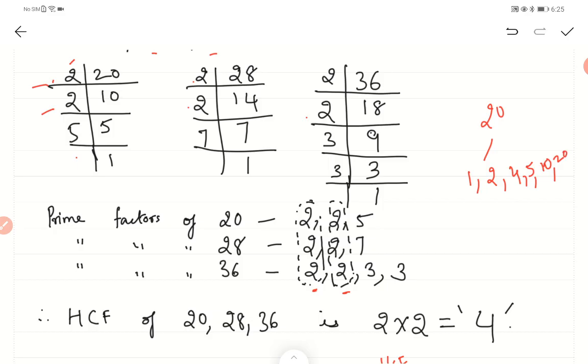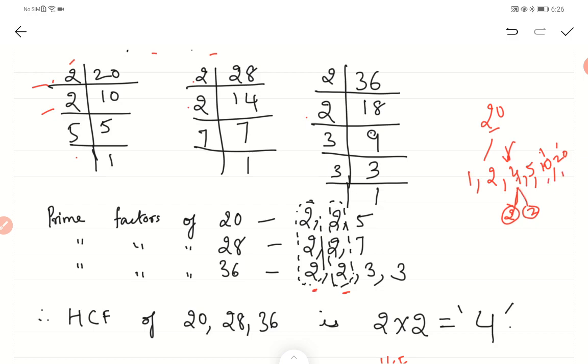So you have big factors also, but the prime factors are those... You have 4 also, see, this 4 can be split into 2, isn't it? So this 4 is not a prime factor of 20. 10 is also not a prime factor of 20, isn't it? Because you can split this number still more.